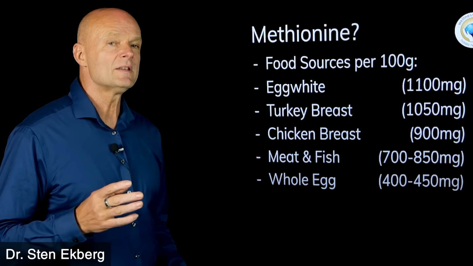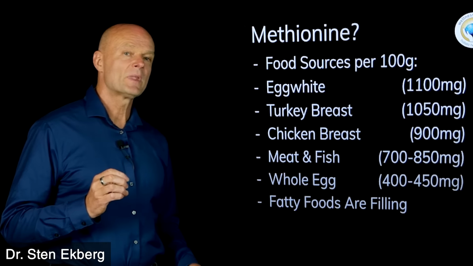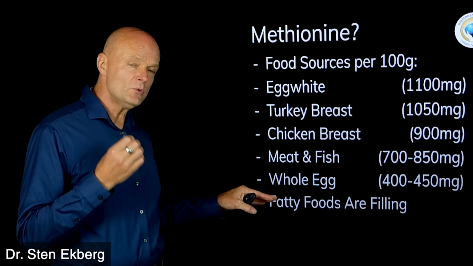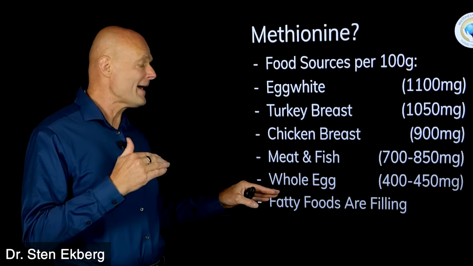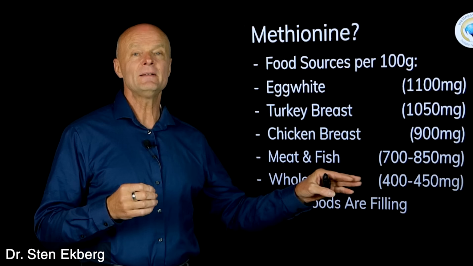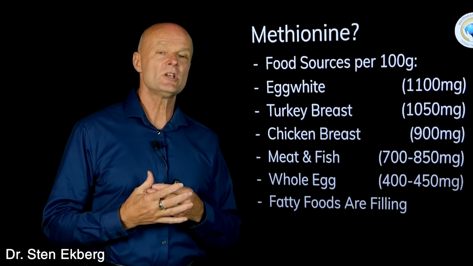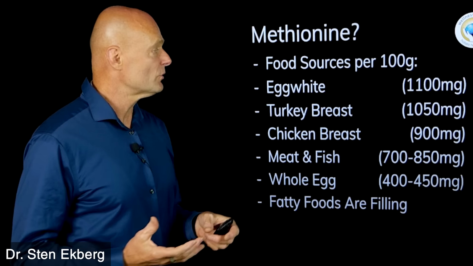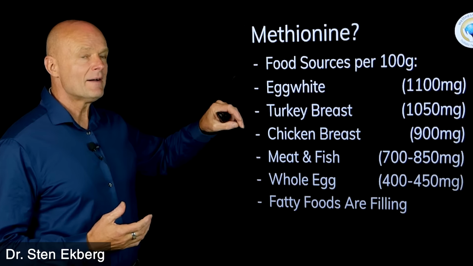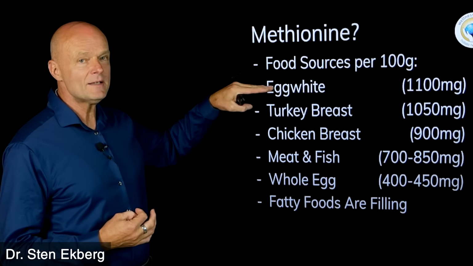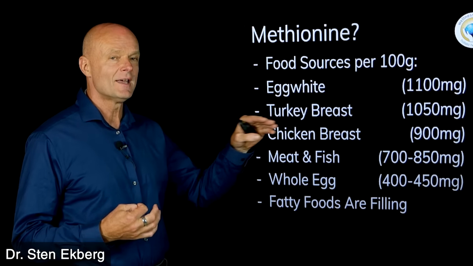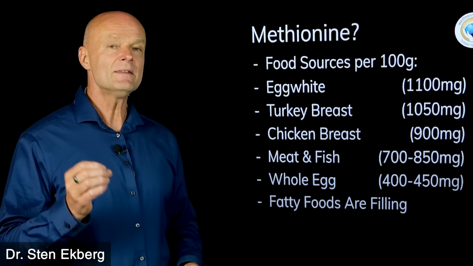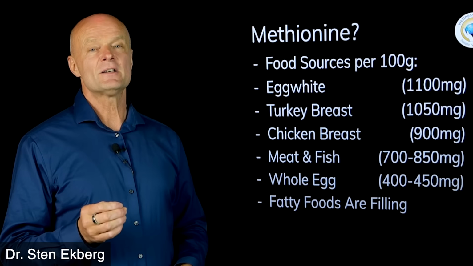Now, I want you to look at these foods and consider something. And I've talked about this a lot in my videos, that foods that have protein and fat are very filling. You get very satiated very quickly, and it lasts a long time. So if you look at this table, we have 3 foods, egg white, turkey breast, and chicken breast, that are very, very lean. And the people who eat them typically eat them because they're very lean.